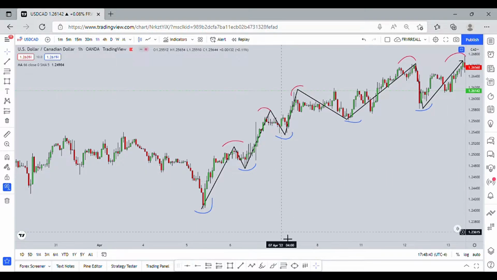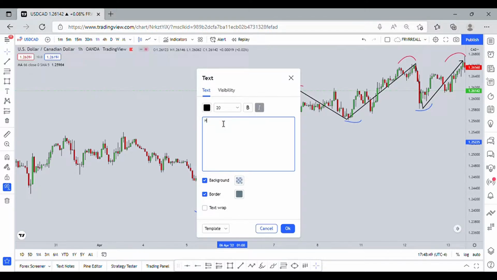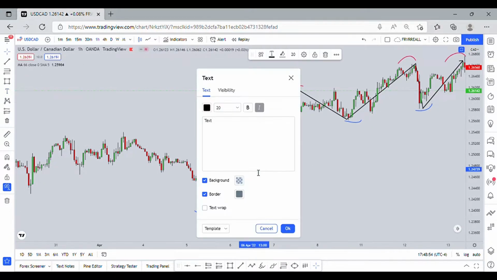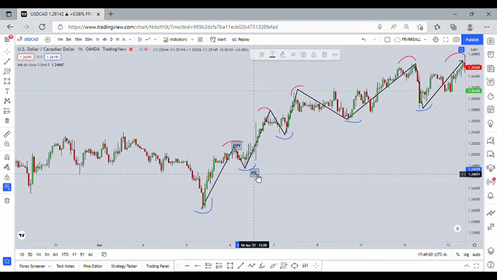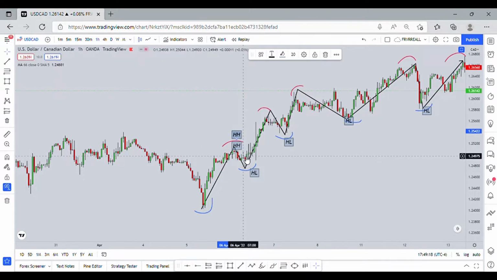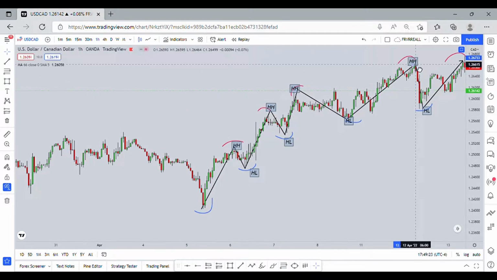So I'll write the text: higher high as well as higher low. Higher low, higher low, higher low, higher high, higher high, higher high.